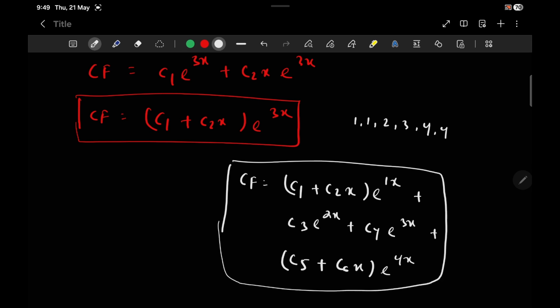This would be our complementary function if our m values were 1, 1, 2, 3 and 4, 4, right? In this way you can solve for case 2. Let's move forward to case 3.